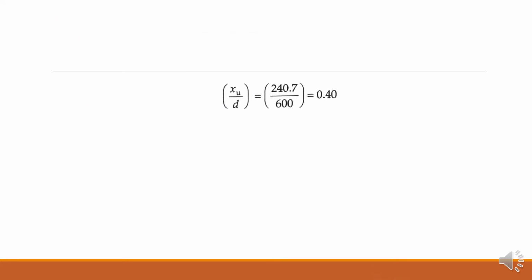Next we have to find out the xu by d value. So 240 divided by d, which is 600, will be equal to 0.40. Then xu max by d: we are using Fe 415 steel, so xu max by d is equal to 0.48. Next we have to compare xu max, xu and DF.